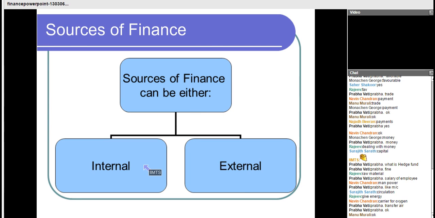So sources of finance can be either internal or external. Now, can you give me some examples of internal sources? Internal sources of finance?